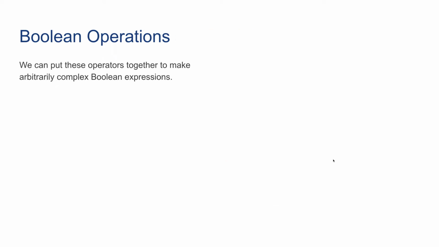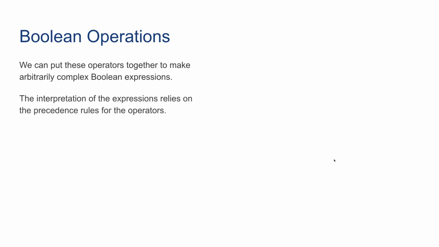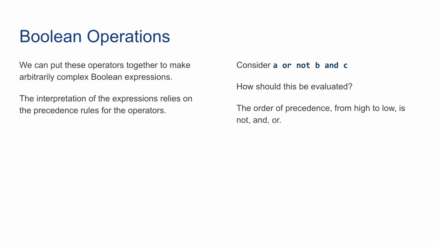Okay, so let's see some more examples. We can put these operators together to make arbitrarily complex Boolean expressions. The interpretation of the expression relies on the precedence rules of the operators. So consider A or not B and C. It's a pretty complex Boolean expression. So how do we evaluate this? The order of precedence from high to low is not, and, or.